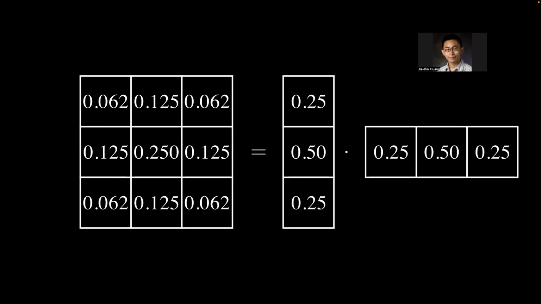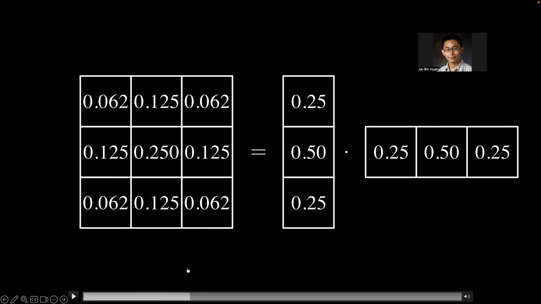On the left-hand side, I need to compute this in 3x3, so 9 operations. On the right-hand side, I only need 3 and 3, that's just 6. And with a larger filter size, this will be even cheaper.